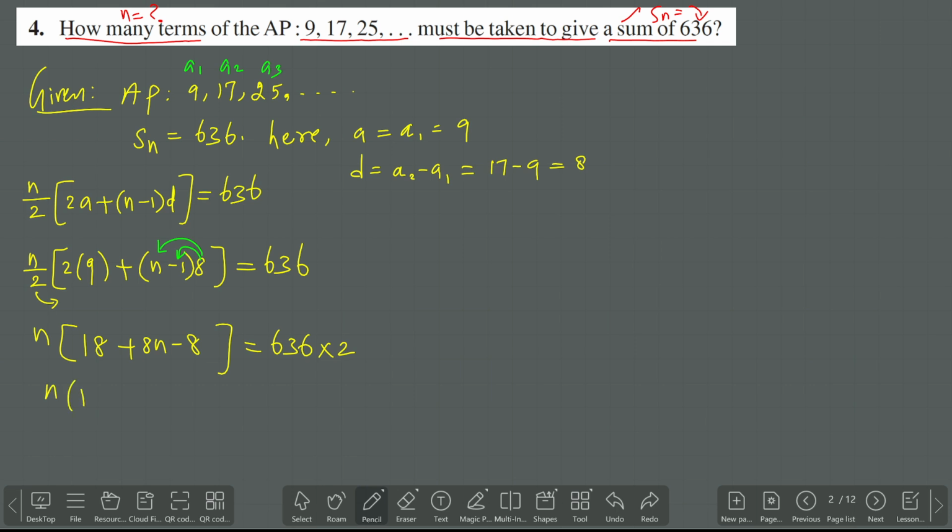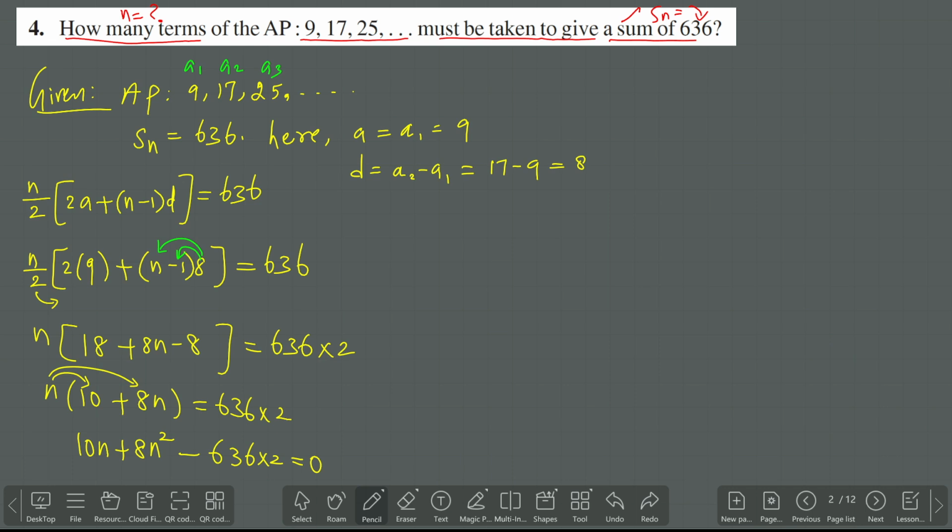So n into (18 minus 8, which is 10, plus 8n), which is equal to 636 into 2. Multiply the n inside, and you will be getting 10n plus 8n square. When you bring this opposite, minus 636 into 2 equal to 0.